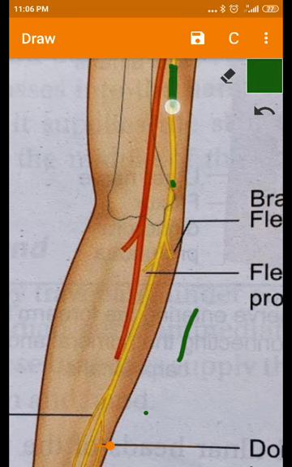After descending behind the medial epicondyle, another fibrous sheath is present, called the cubital tunnel.